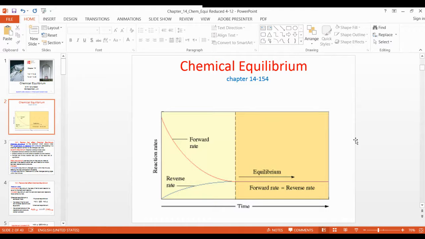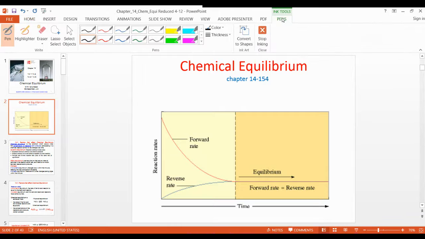Suppose a chemical reaction occur, reactants and the product. So definitely, when the reaction start, the reactant finish and the product start to form. So this is the reactant and these are the product.